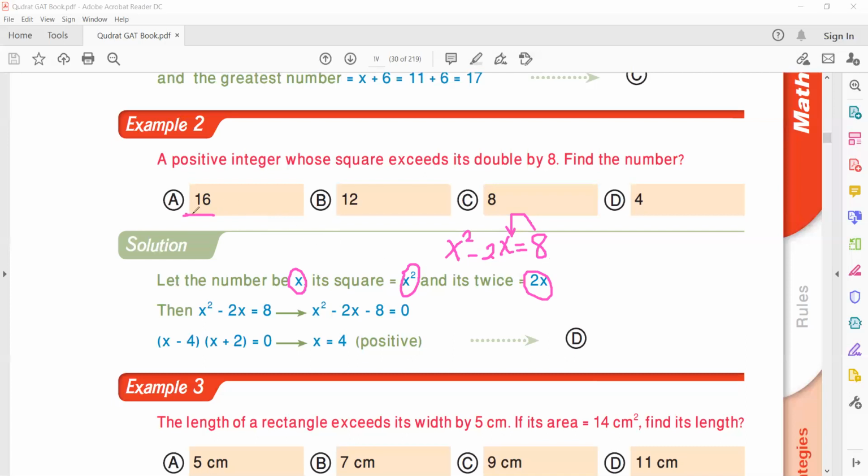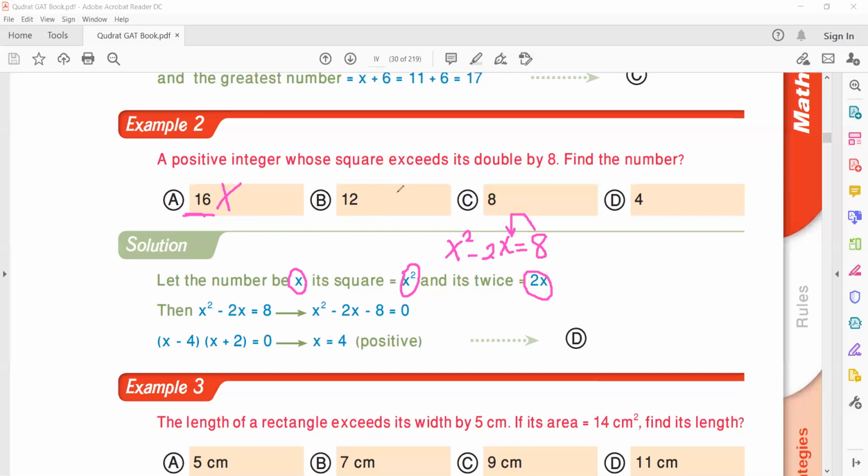If you substitute 16, then 16 squared minus 2 times 16 does not equal 8, right? So the first answer is wrong. What about B? 12 squared minus 2 times 12 equals 8?